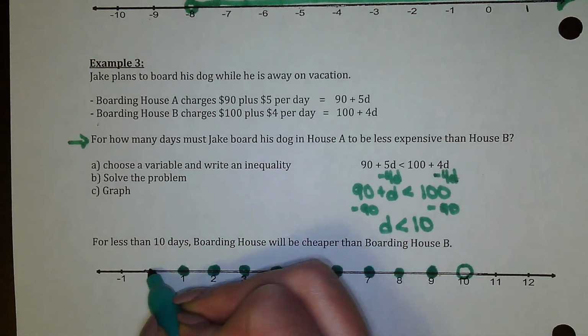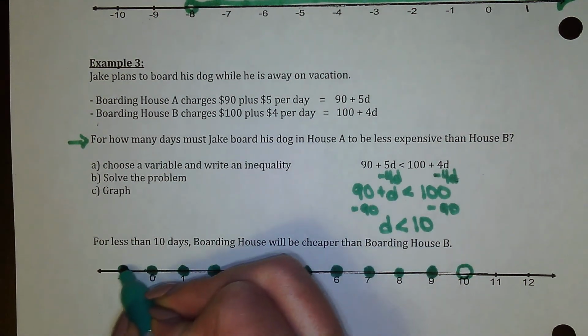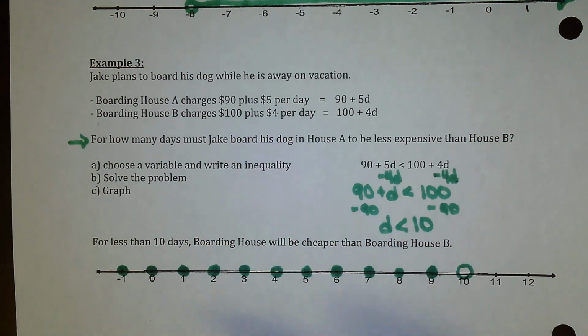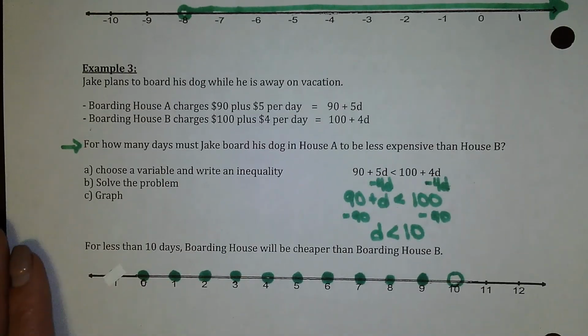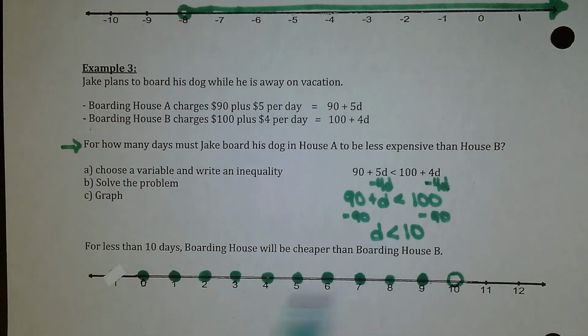Now that's assuming that they charge for a full day even if you're not there for the whole day. Now, of course, you're not going to have negative numbers anyway, so I could just leave that out of it, because you don't have negative days. But that would give you an idea of how much he could be there for.